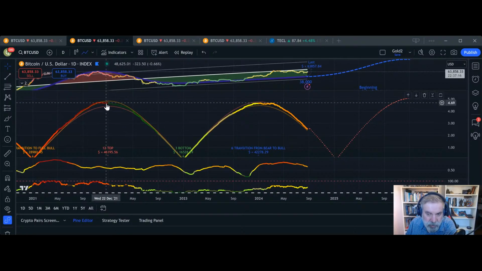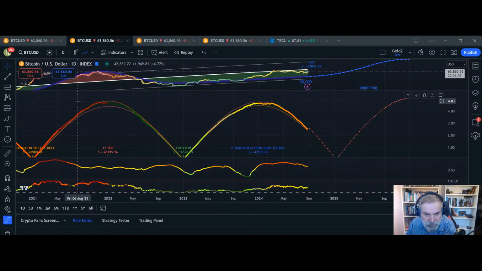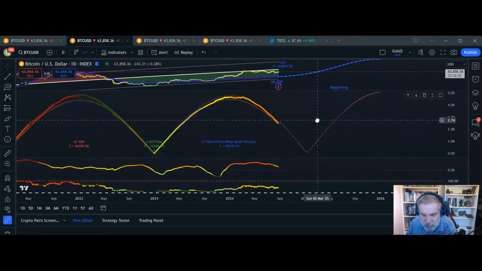Usually there is this switch, where the full model is on top when we are close to the top. Then we switch, and the red curve is on top when we reach the bottom. And then there is this switch again.